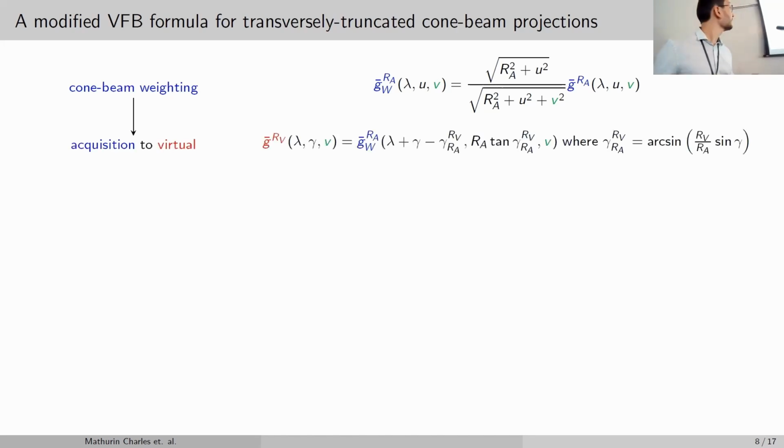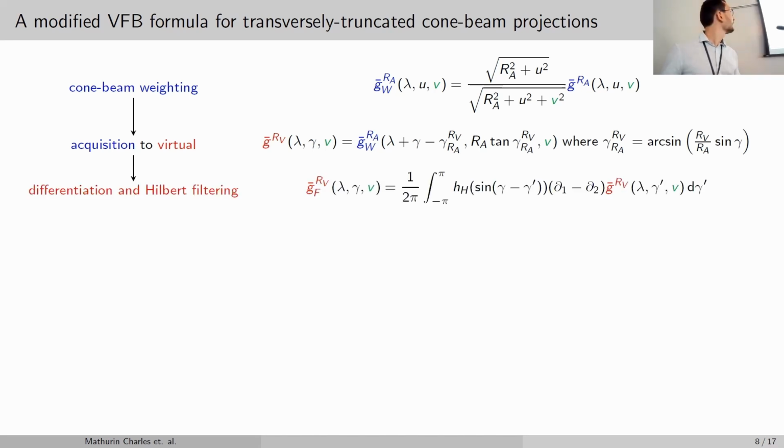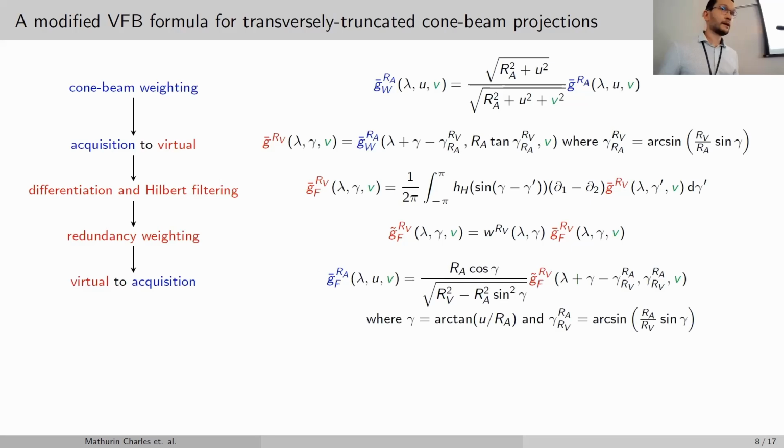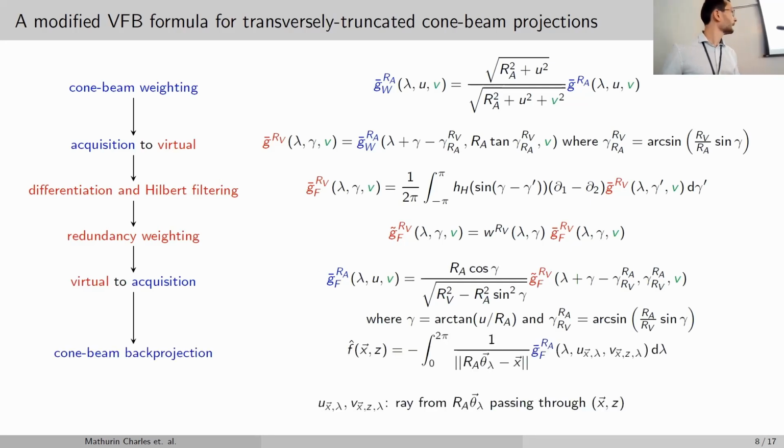Then, for each row of the data with parameter V fixed, we apply the midplane procedure: first the rebinning from the acquisition to the virtual geometry, then the different steps in the virtual geometry, then we go back to the acquisition geometry. And finally, we perform a cone beam back projection formula to get our 3D reconstruction.